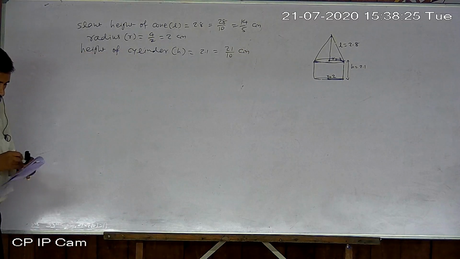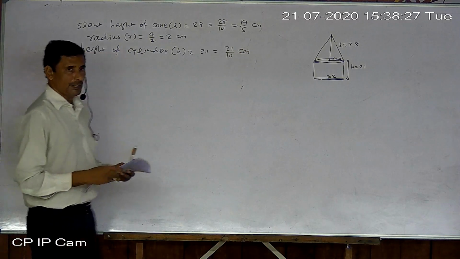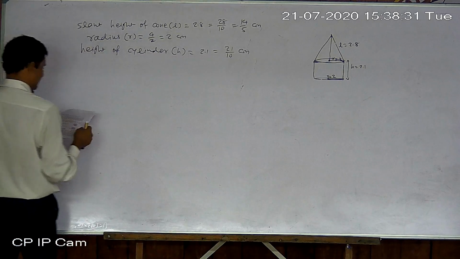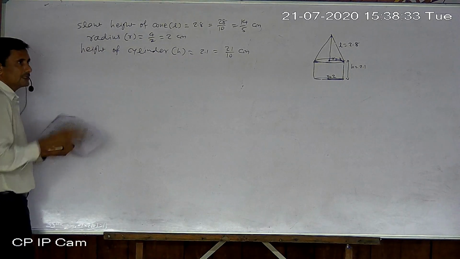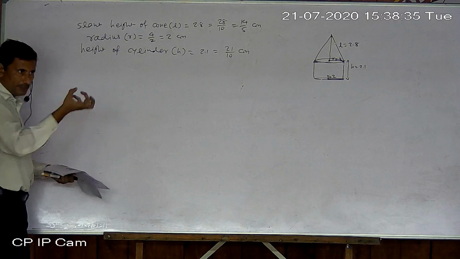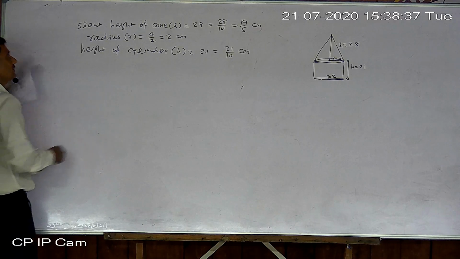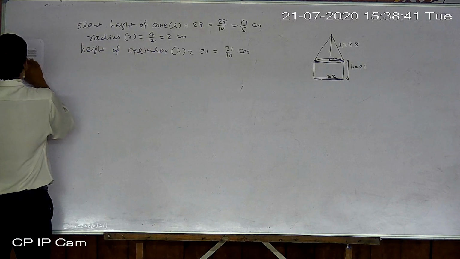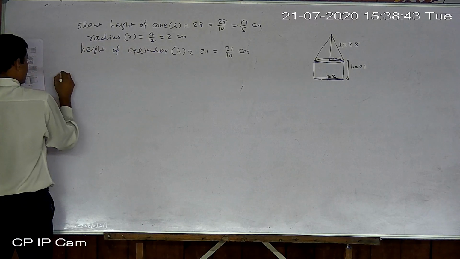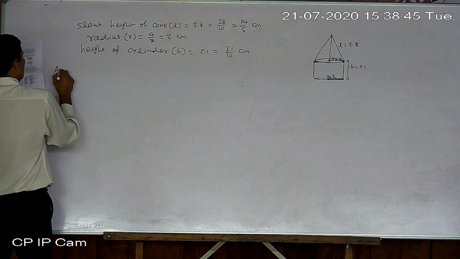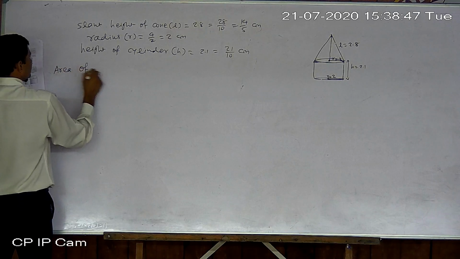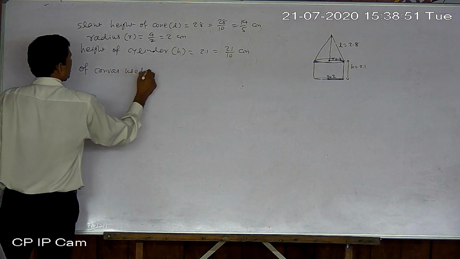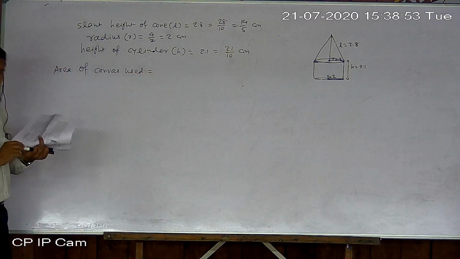Okay. Now, one tent is there, not so many tents. So you just find surface area. Why? In surface area only material is used, not in between. Okay. So material use means nothing but surface area only. So you can write, find the area of the canvas used. Otherwise you can write surface area of tent.